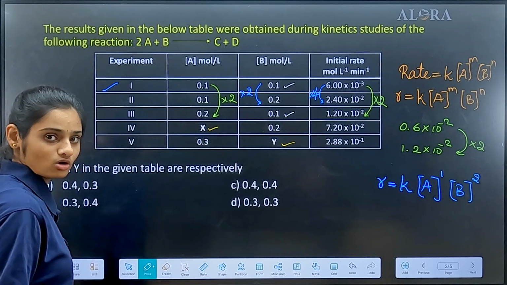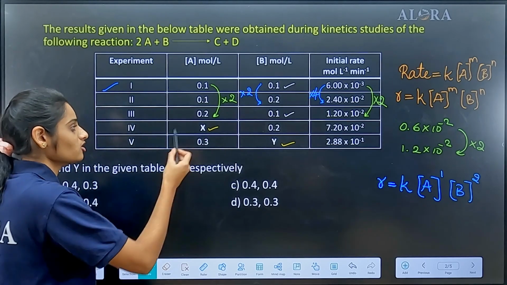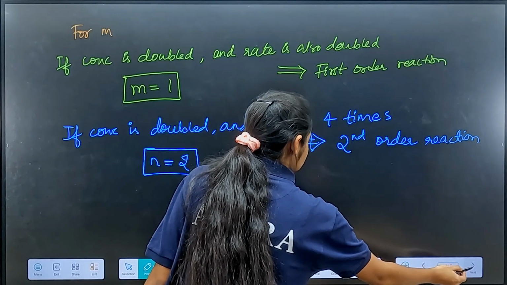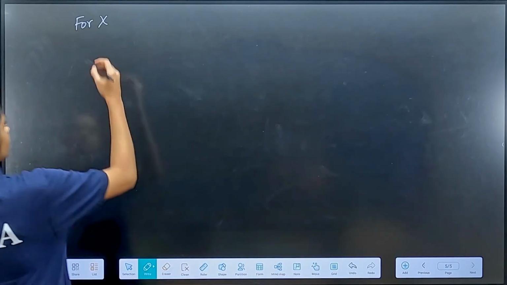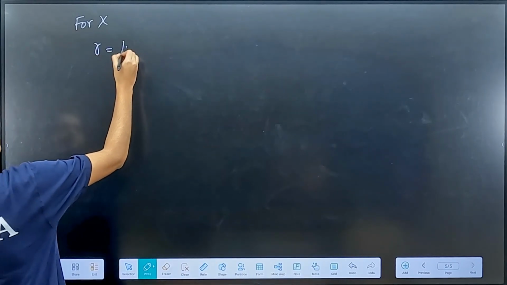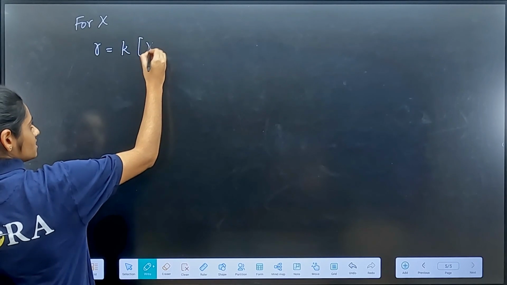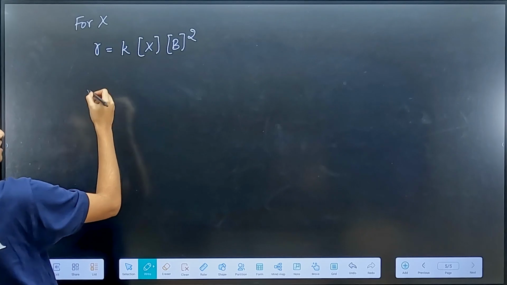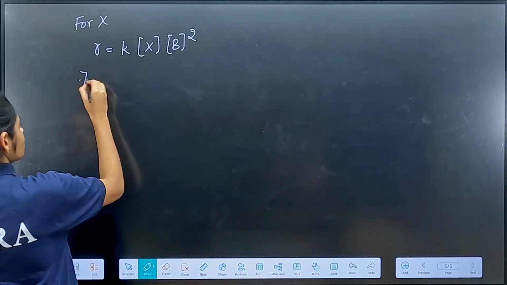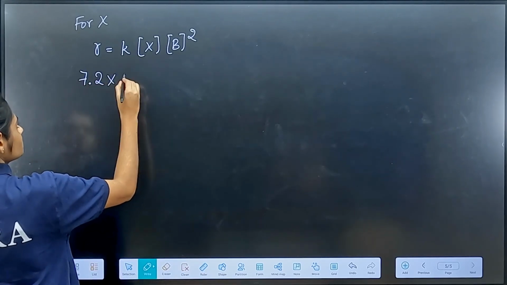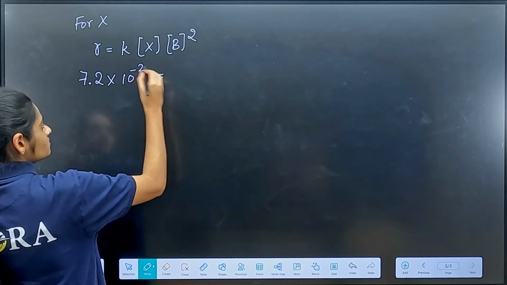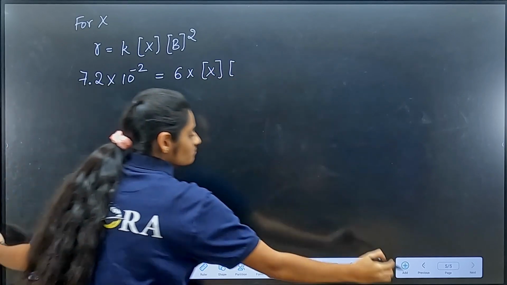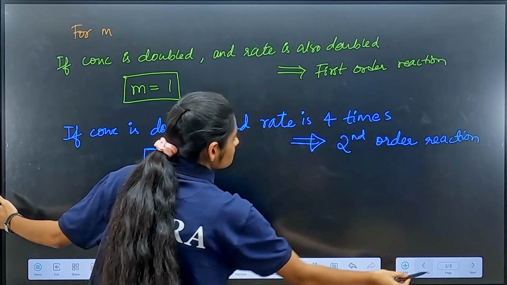So let us substitute all of them into the rate law equation and find out what will be the concentration of X. So here for X, R is equal to K into, now for A it is X, and B to the power 2. So the rate given is 7.2 into 10 to the power of minus 2 is equal to K value, which is 6. We have to find out X and the B value. What is the value given for B?